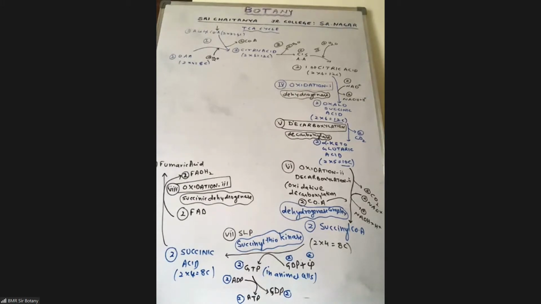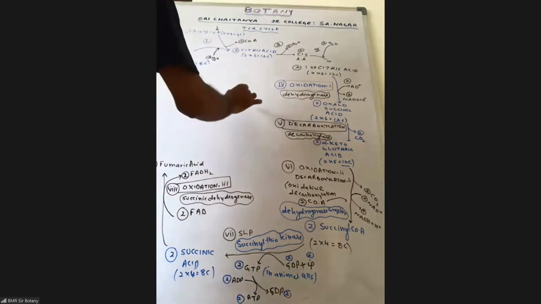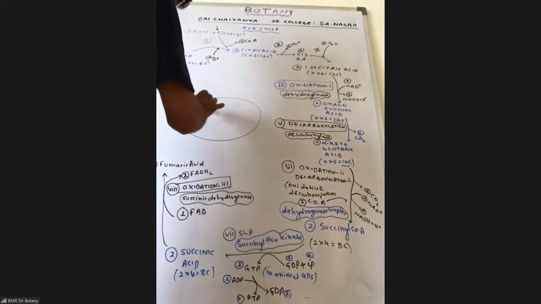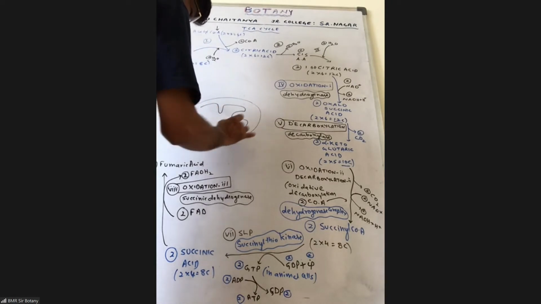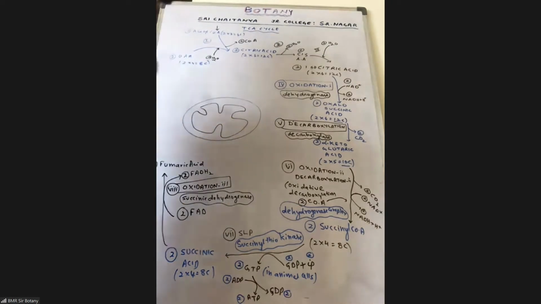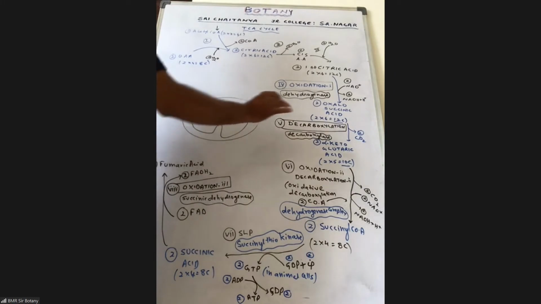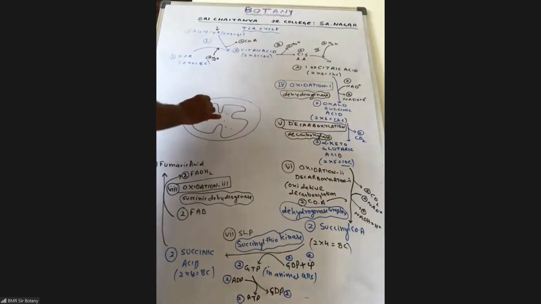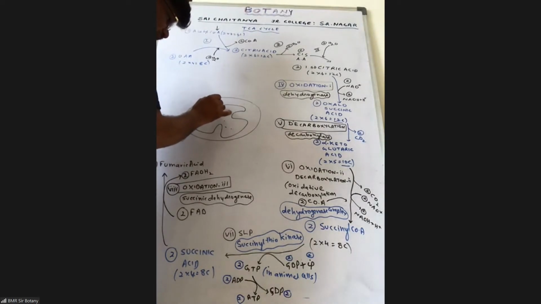And a specialty for this enzyme, Nana. This enzyme of TCA cycle is not freely present in the mitochondrial matrix. All the remaining are freely present in the mitochondrial matrix. This is a mitochondrion, for example. All enzymes were there here only. But this enzyme is present in the inner membrane of mitochondrion, embedded there.